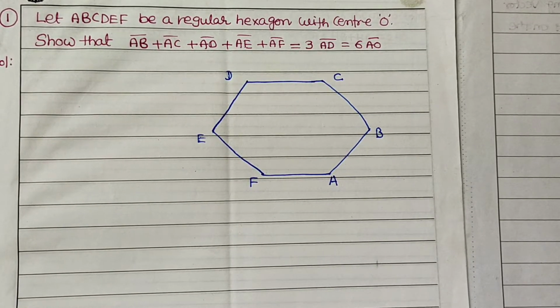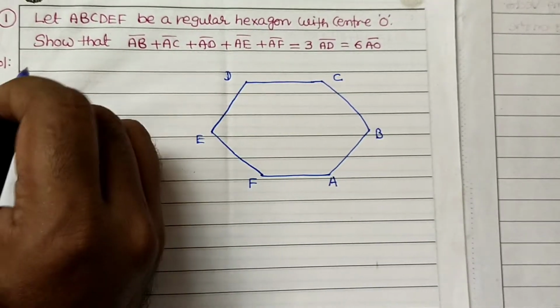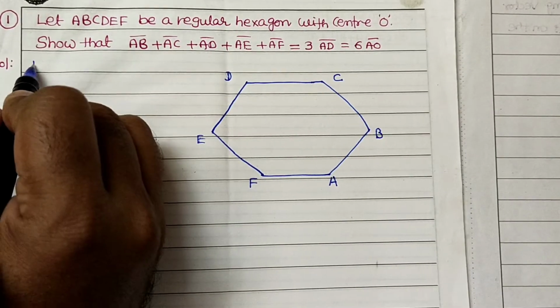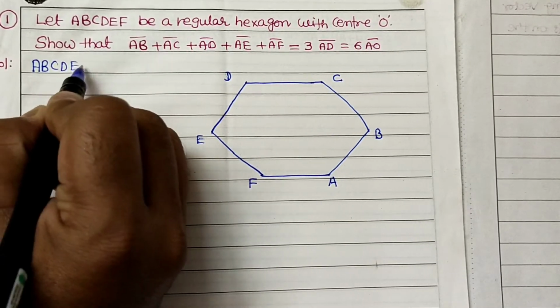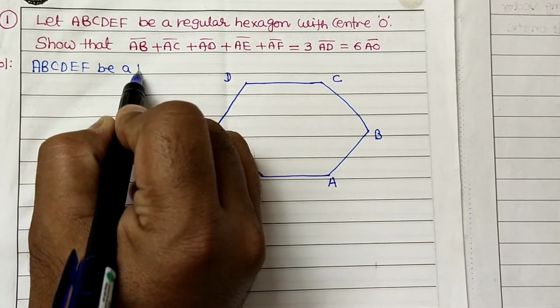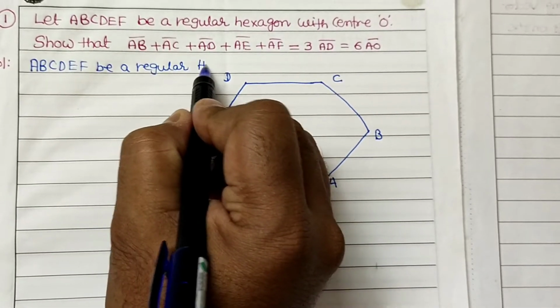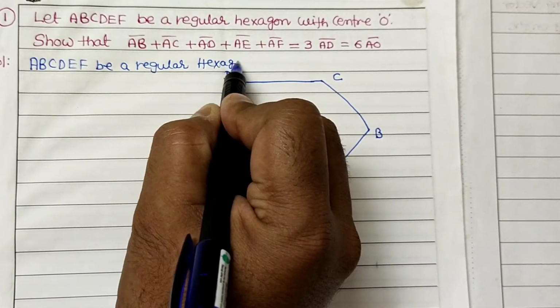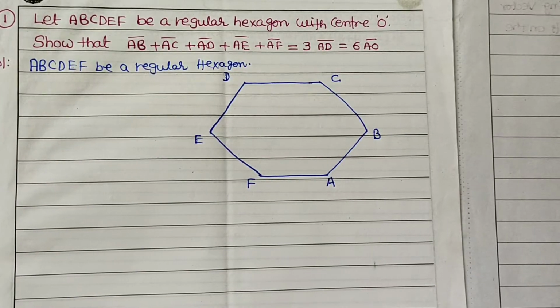In the solution step, first whatever we consider, that we have to write it. ABCDEF be a regular hexagon with center O, they are saying, na?